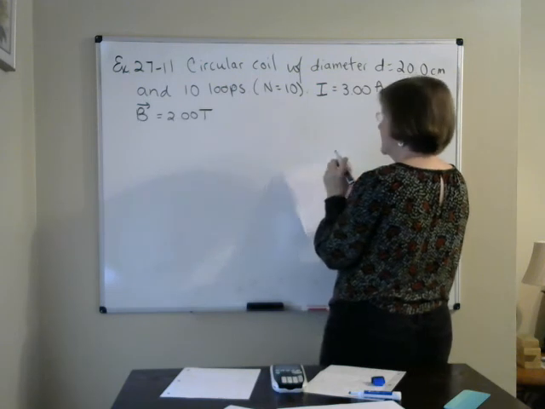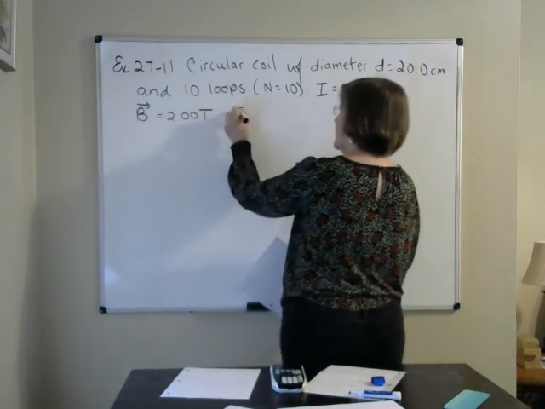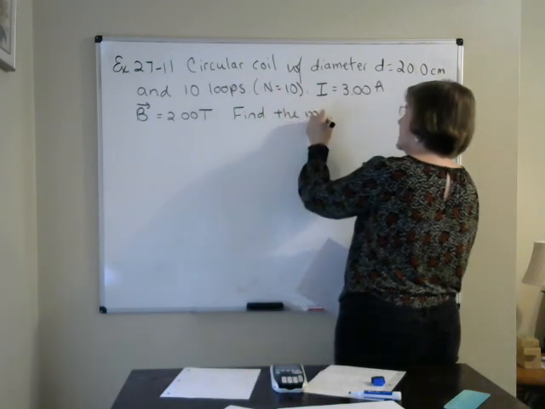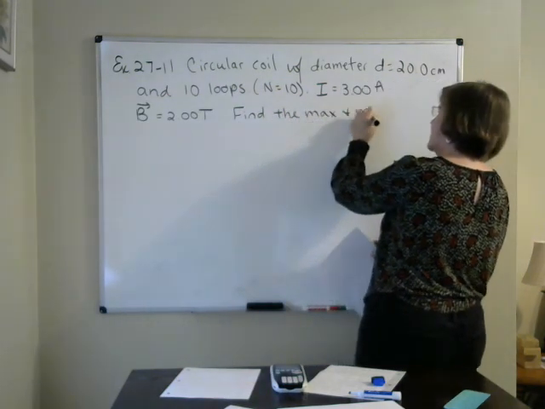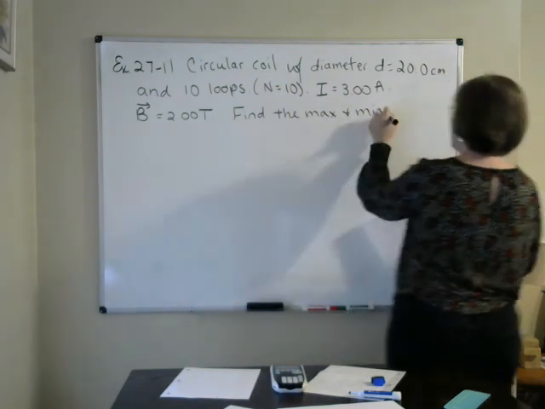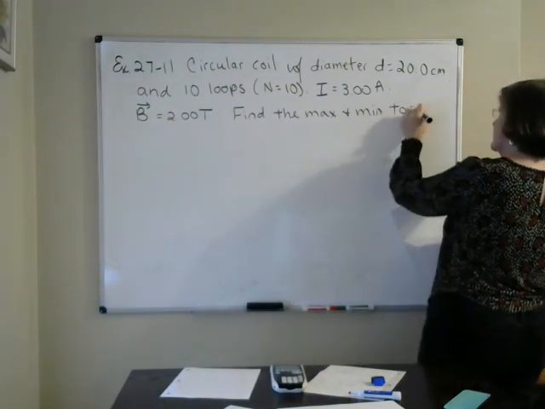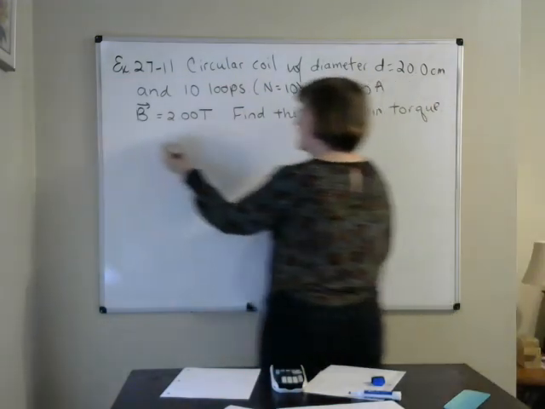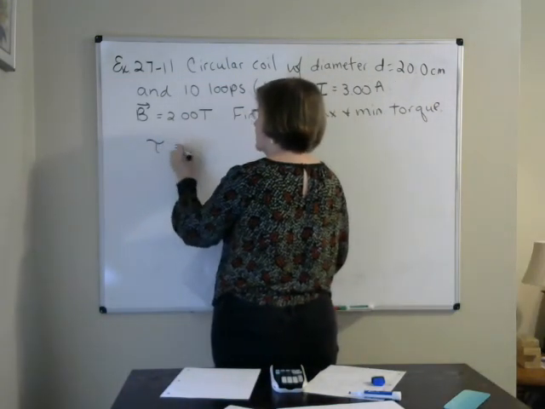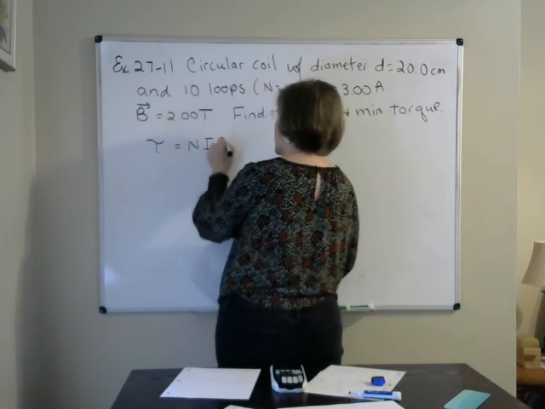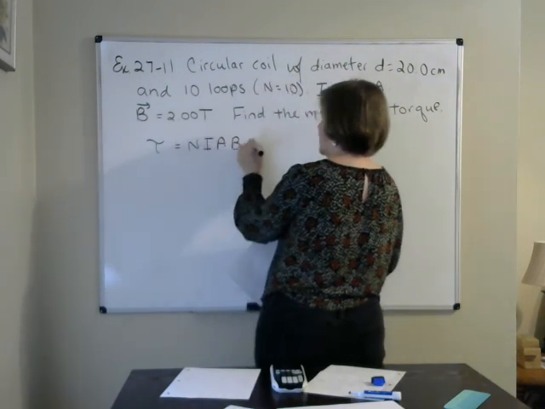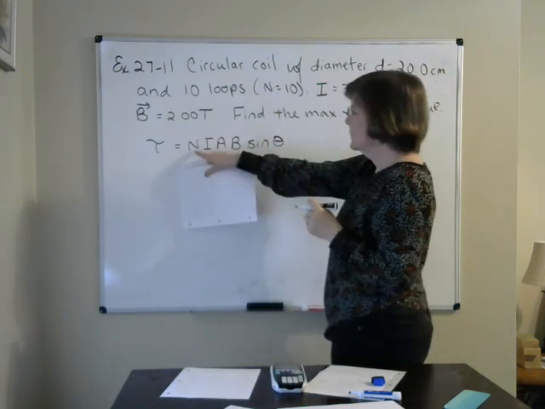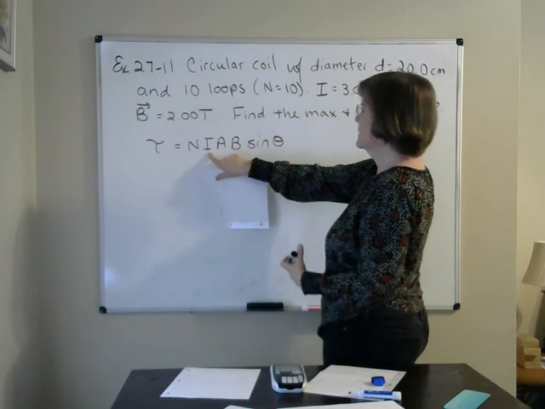And they asked me to do two things. Find the maximum and the minimum torque. Well, if I go back to my formula, the torque is equal to NIAB sine theta. The number of loops isn't going to change. The amount of current doesn't change.